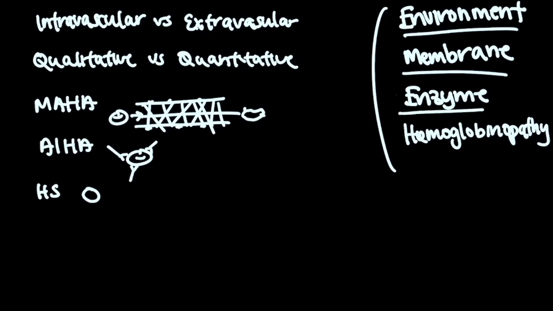An example of an enzyme issue is, for example, G6PD deficiency, which is a common one that's tested on, where there is a molecule called G6PD which helps the red blood cell deal with oxidative stress. But when there is a deficiency of that, any kind of, for example, medications that cause extra oxidative stress can cause the red blood cell to not be able to tolerate it, and as a result, lyse.